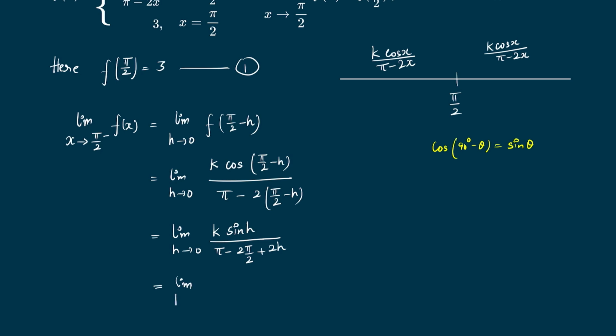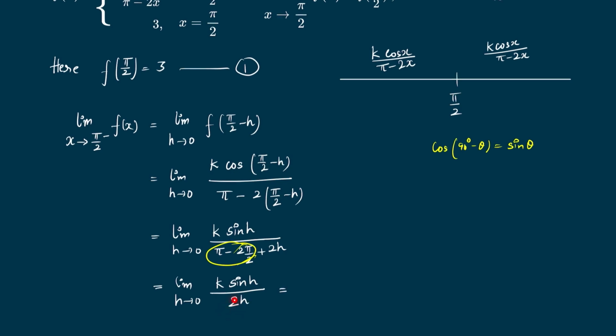So it will be equal to limit h tends to 0 k sine of h over, now since this 2 and 2 get cancelled, there will be pi minus pi, and this whole portion will be 0. So it will be 0 plus 2h, and that is 2h only.